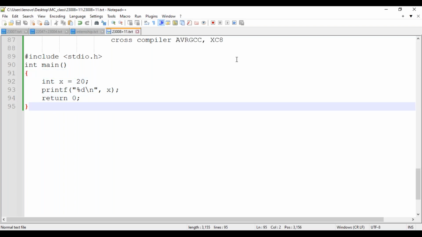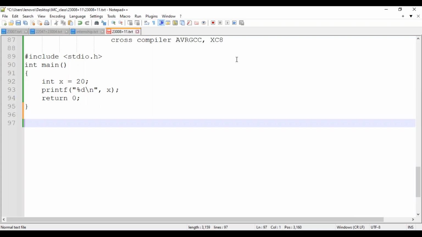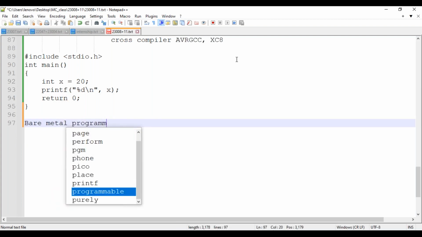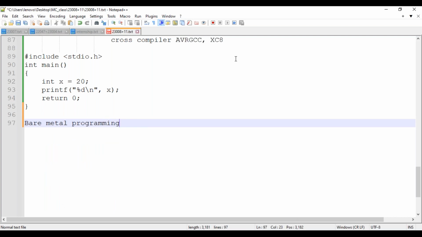Such embedded systems which do not involve any operating system are called bare metal programming. So our task is very simple. Throughout the module, we want to design a very basic embedded system.